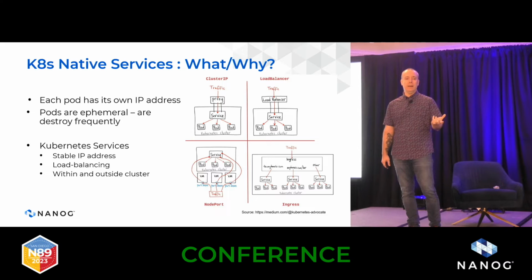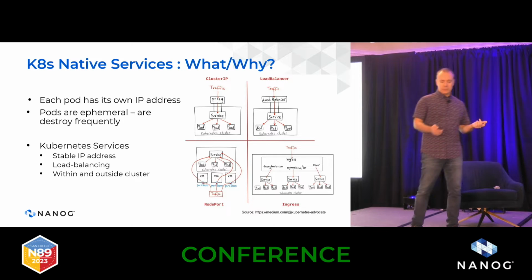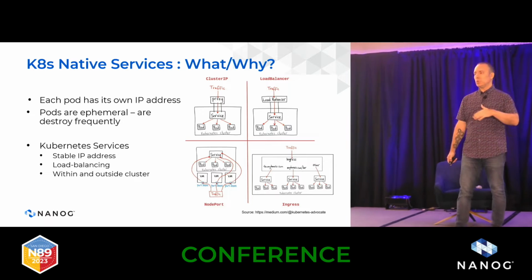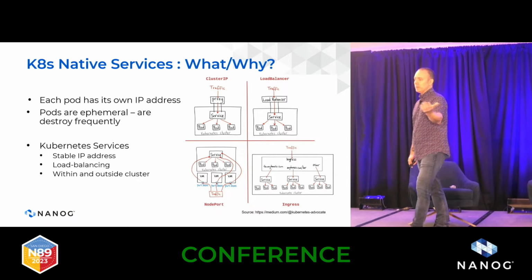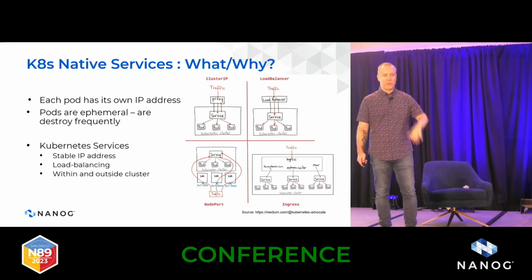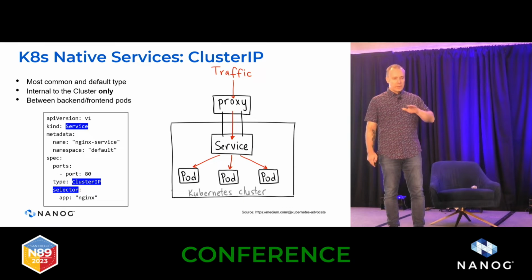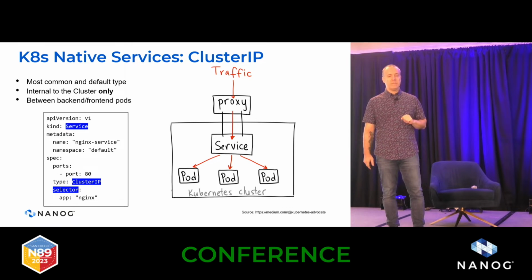For example, cluster IPs you can reach only inside the Kubernetes cluster. And you have also the node port that helps you expose that service to the rest of the network.